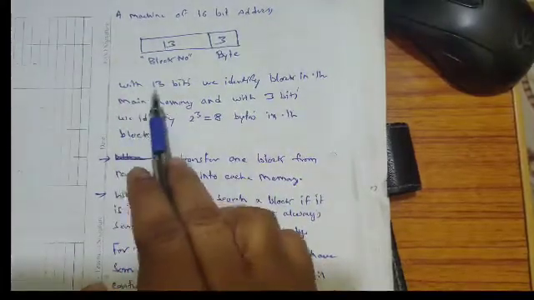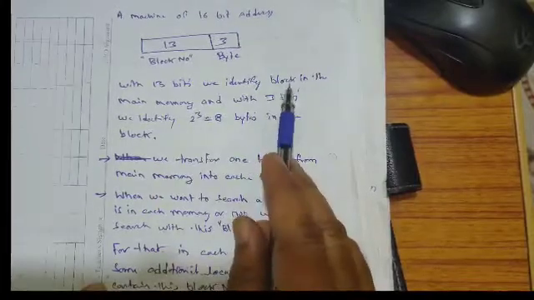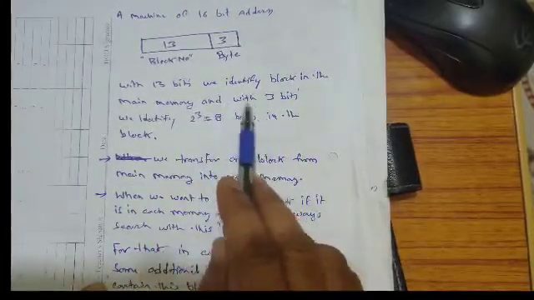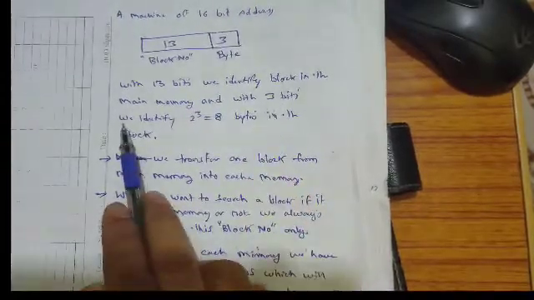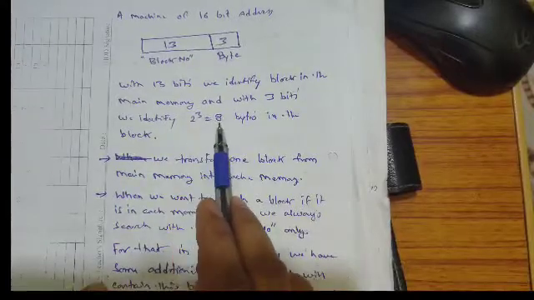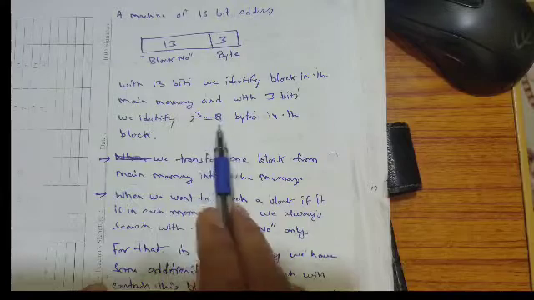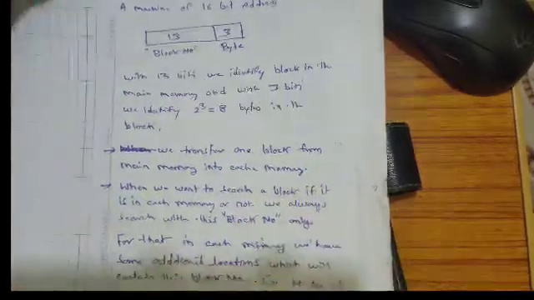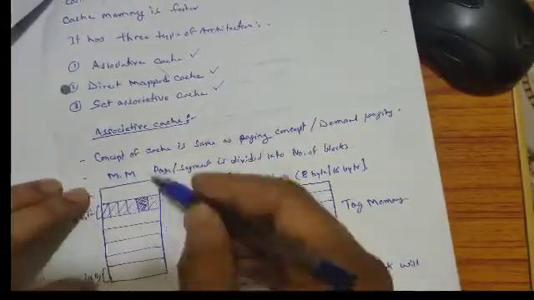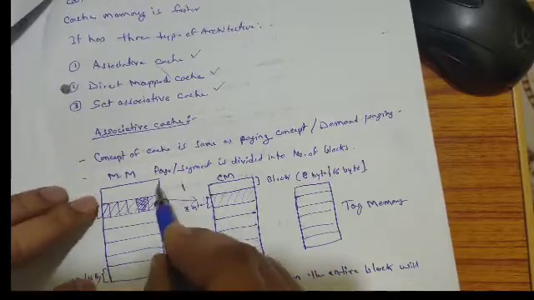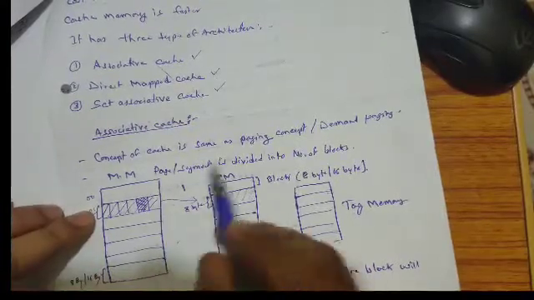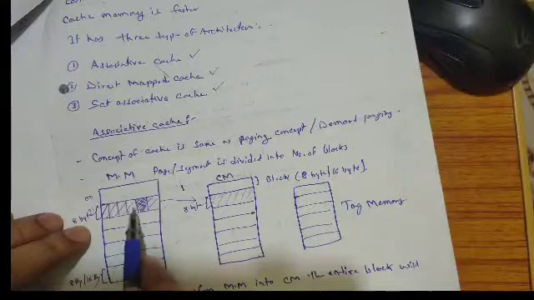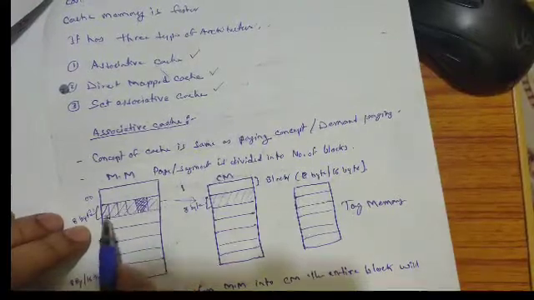With the 13 bits, we identify the block in the main memory, and with the last 3 bits, we identify one of the 2 to the power 3, that is 8 bytes, inside that block. So the 13 bits identify the block, and those 3 bits identify which byte out of the 8 bytes.